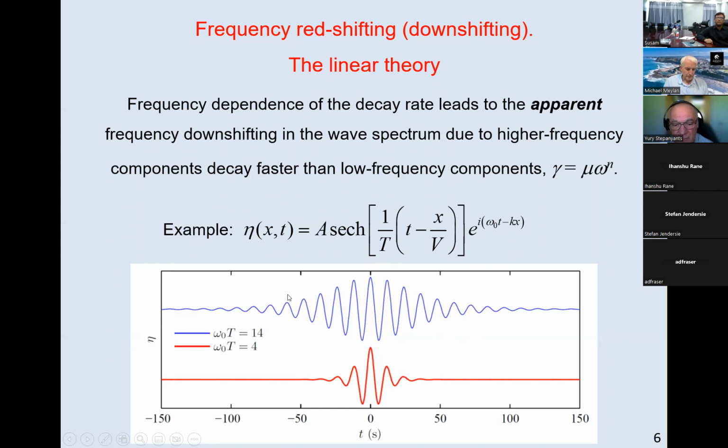So we can see that the shape of the wave train depends on this parameter T. If this parameter T is big enough, we have a quasi-monochromatic wave. When this parameter is relatively small, we have a relatively short wave train.